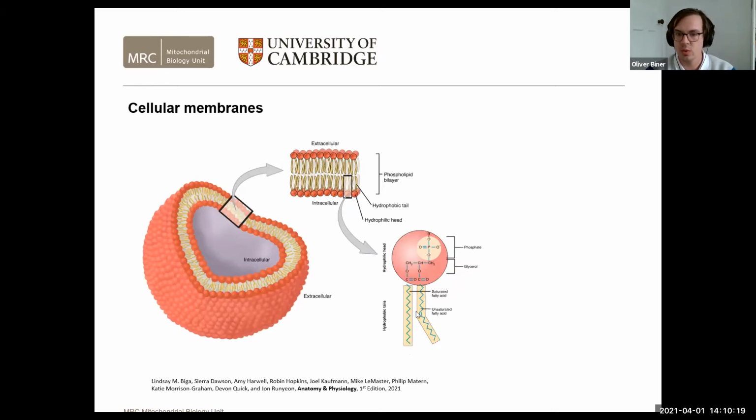They have two hydrophobic tails and then the hydrophilic head group. Because of that, they self-assemble in a tail-to-tail manner into phospholipid bilayers. If you continue this phospholipid bilayer, it will actually bend into a sphere. And this is exactly what we see as a cell membrane. So it's a layer of phospholipids.